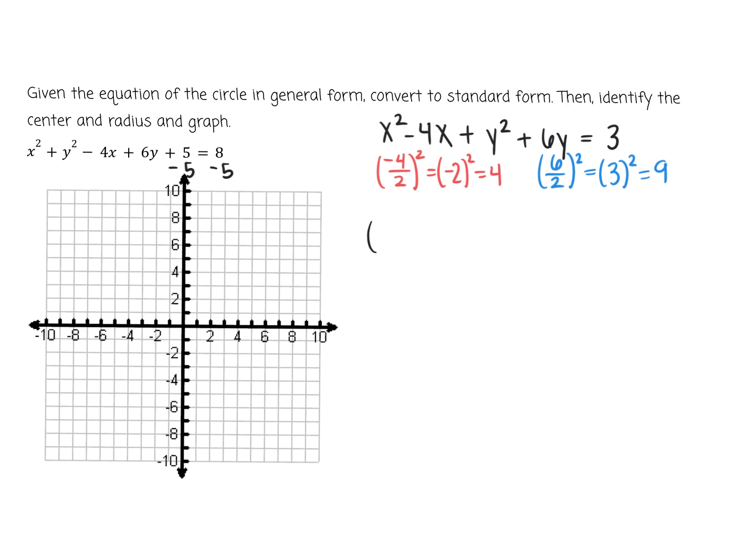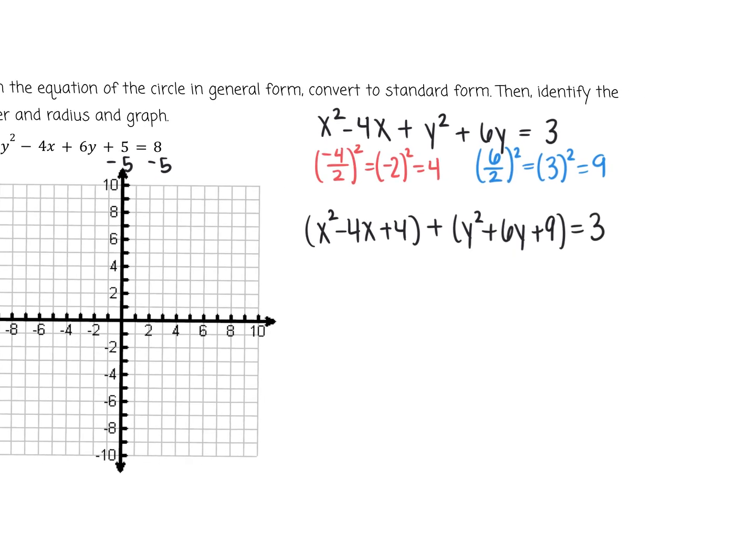So we'll have, in parentheses, x² - 4x + 4 plus y² + 6y + 9 = 3. And if I add 4 and 9 to the left side, I also have to add it to the right side.